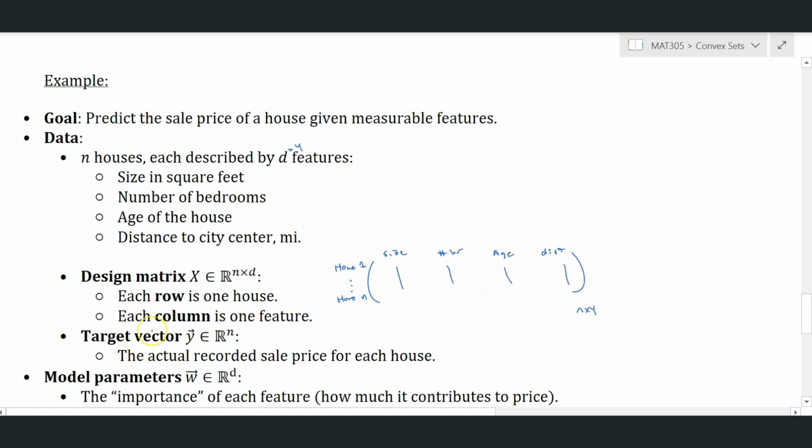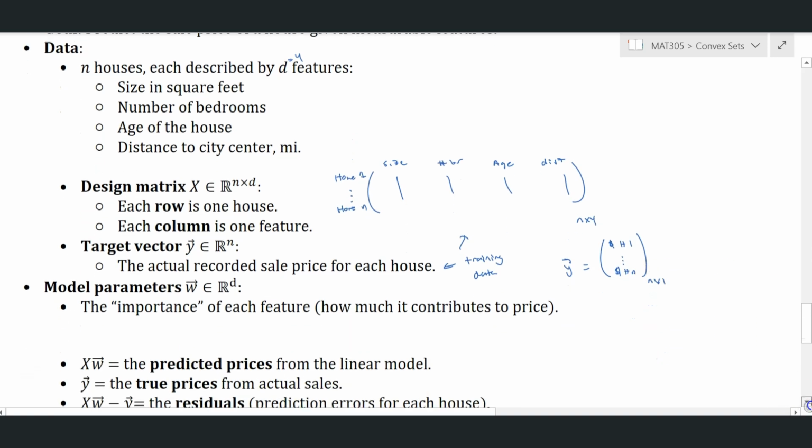Then we have a target vector, which we call y, and this is the actual recorded sale price for each house. So these two things help form our training data, right? We're going to train the model, and we'll see what we mean by that in just a moment, but the y vector will just be the actual prices of home 1 all the way to the sale price of home n. That's what that vector will have in it. This will be an n by 1 vector.